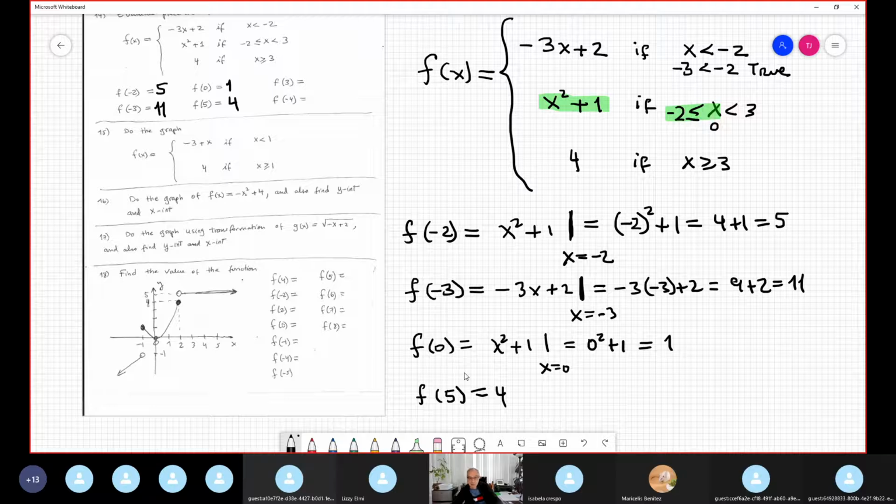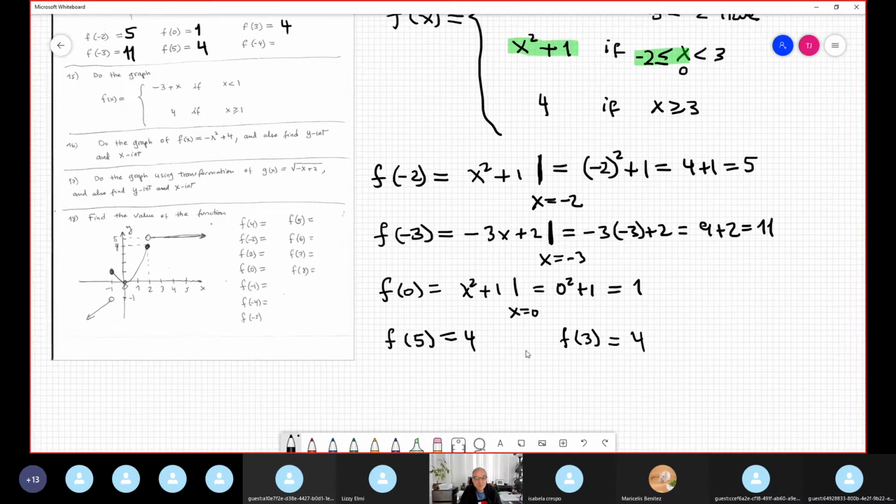What about f of 3? What do I select, number 1, number 2, or number 3? Three. Again, 3 is exactly the same, 4. And -4 is the last one. F evaluate -4.